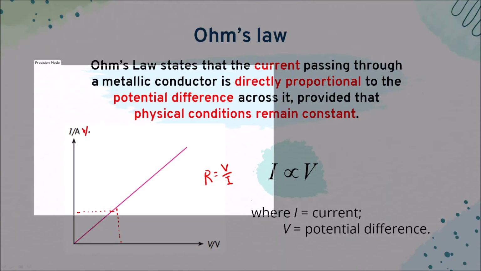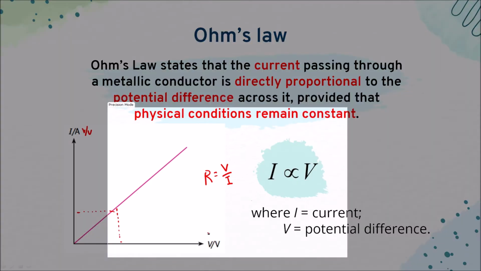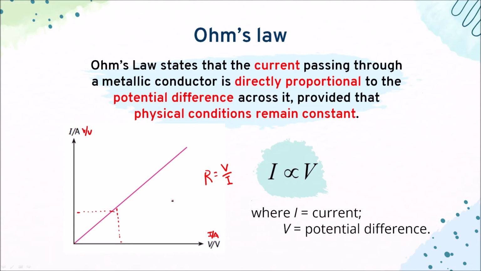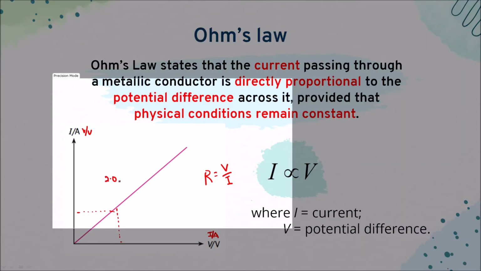In the lab, this is what we did. We actually verified Ohm's law, but of course we plotted a graph of V against I instead of I against V. It's the same; basically, you get a straight line graph, and in that experiment, you notice that the gradient is always 2.